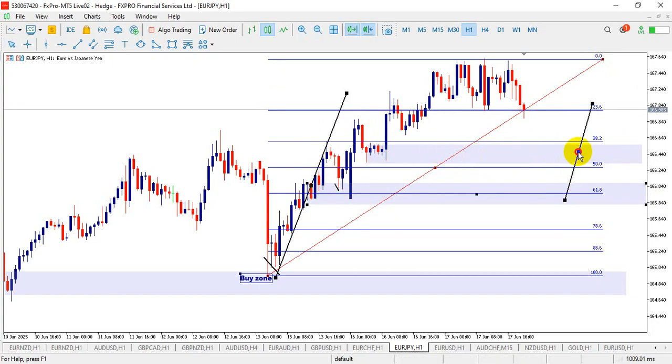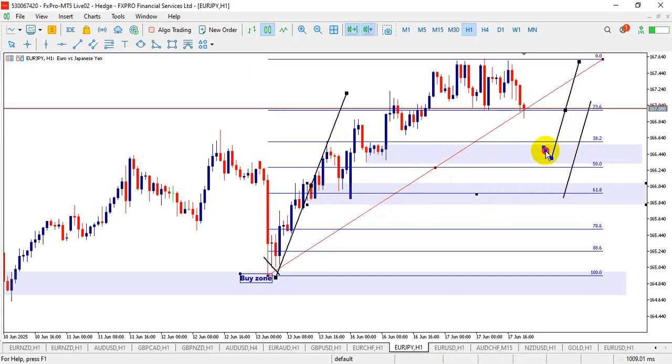For us, we'll be expecting price in any of these zones. So watch out for price in any of these demand zones. In case you don't know, when I say demand zone, I'm using the order block, but I'm using pure order block, not actually demand. So for us, we wait for price on any of these levels. Look at this.